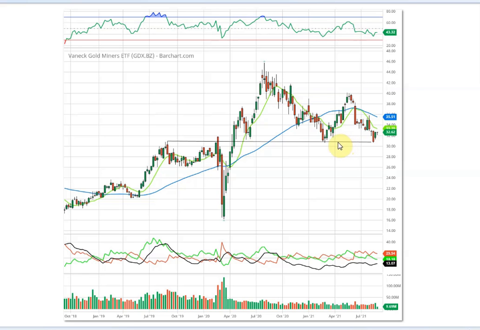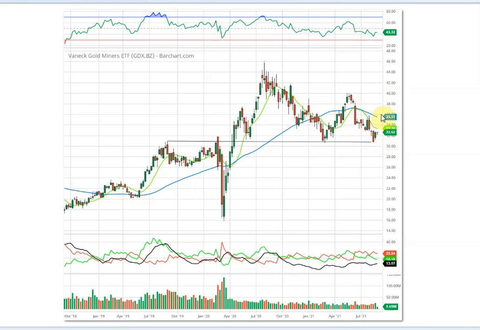Where can this go? Well, you would take this point here, which is about $40, and this point right here, the level of support at 31. That's a $9 difference. You would add $9 to 40, and you would get 49. That is the target, if it works out.